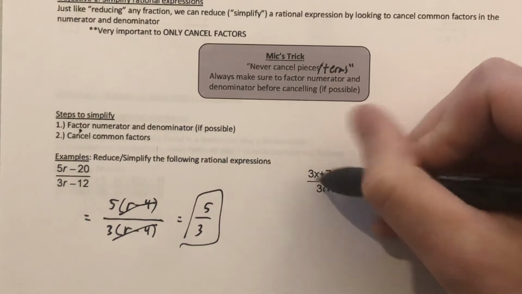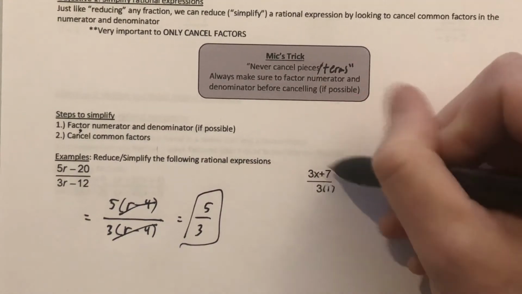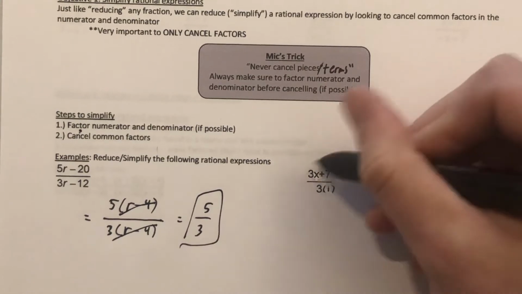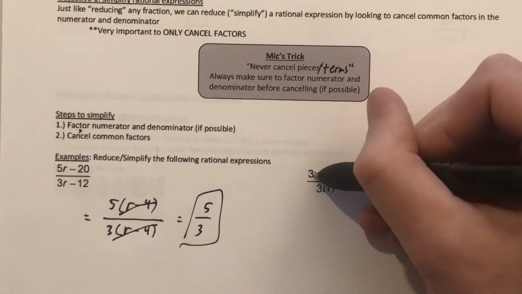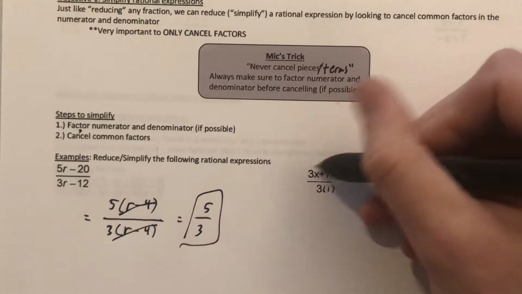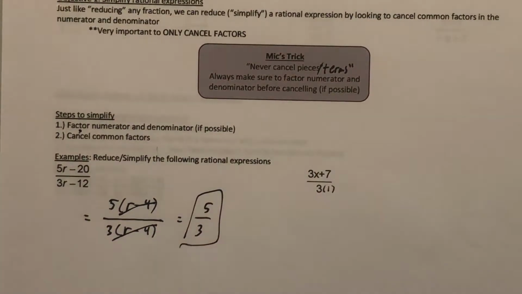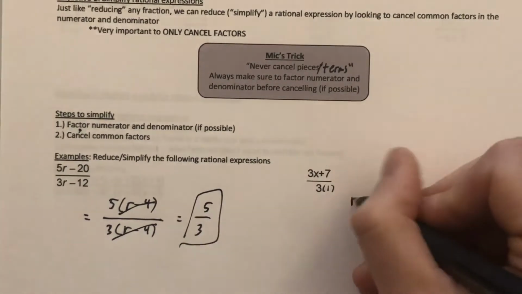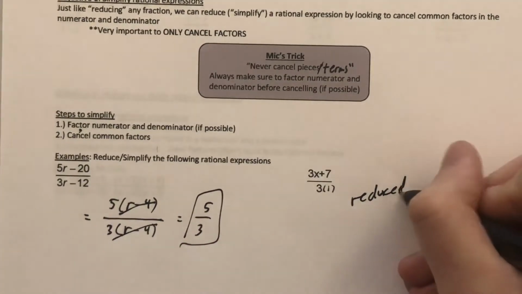So this really is not factorable, which means I'd have to think of 3x plus 7 as a whole thing, as one factor, as a group. And so in that sense, these 3's, even though you see 3 times x and 3 times 1, these are not going to cancel. 3 is not a factor of the numerator, it's just a factor of that term. And that's what we don't want to cancel. So in that case, we would just say that is already reduced. There's nothing to do there, nothing to simplify.